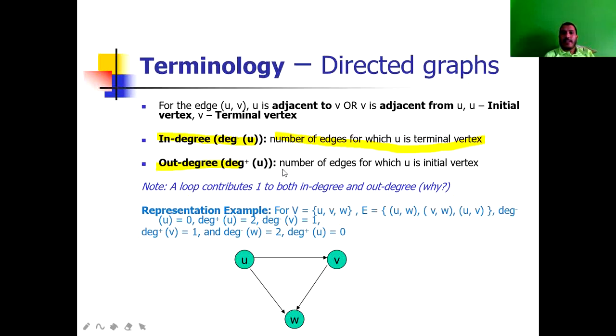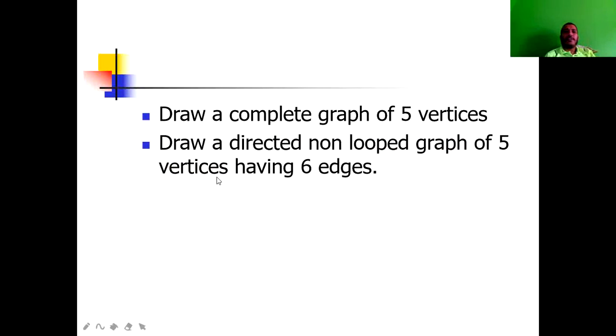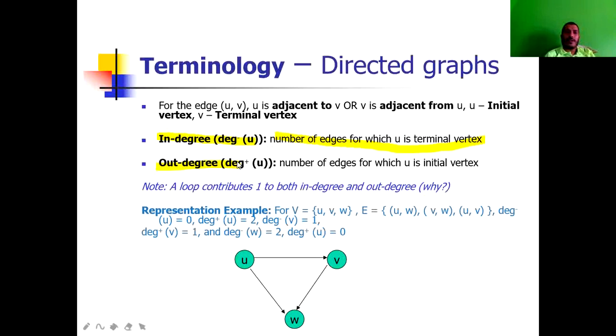The number of edges for which U is an initial vertex is the out degree. That means how many are going out and how many are coming in.